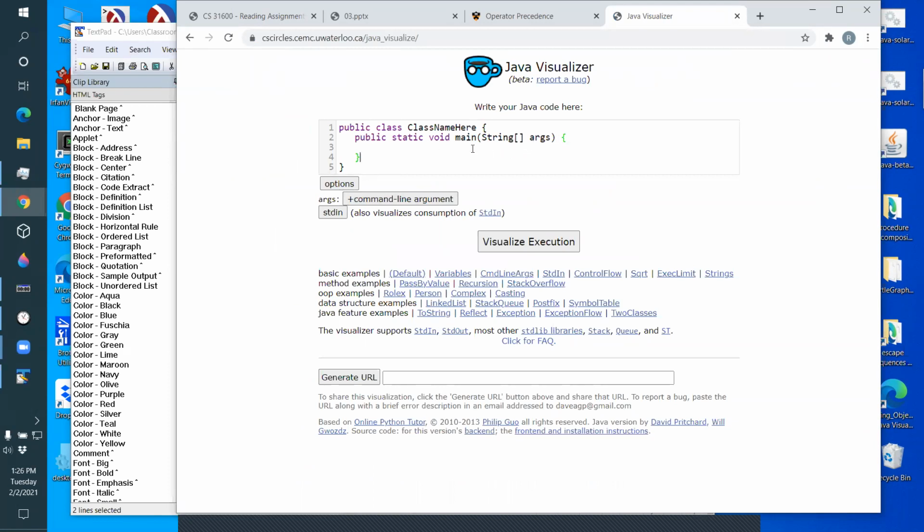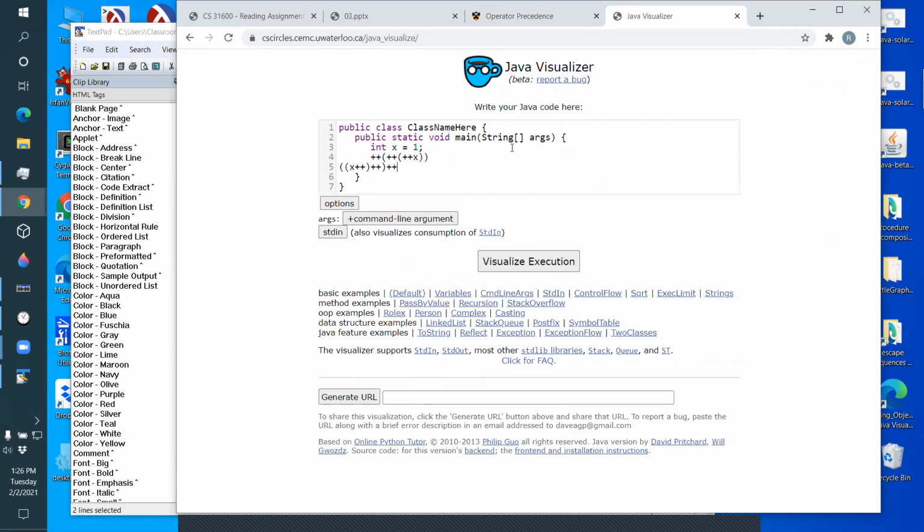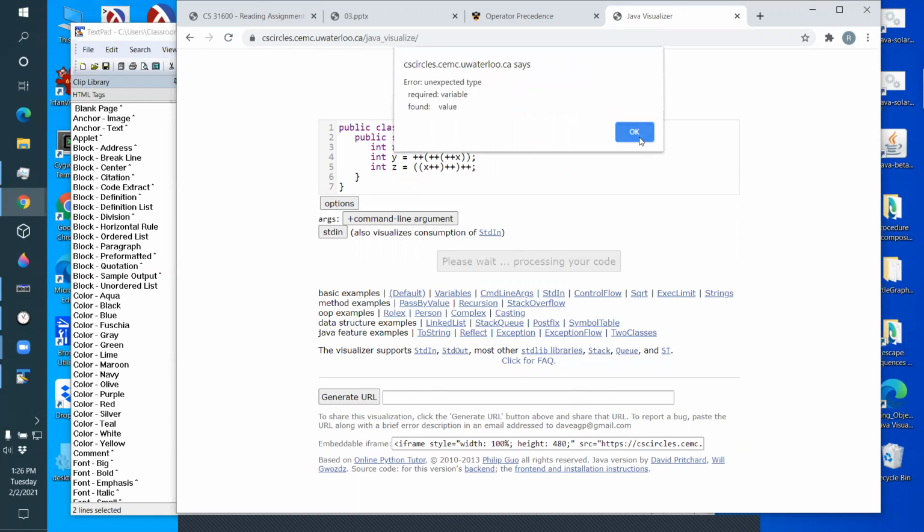Okay, so let's create an int x equal 1 variable, and then see if these guys compile. Let's just see first if they compile. If I want, I can make it say int y equal that, and int z equal that.